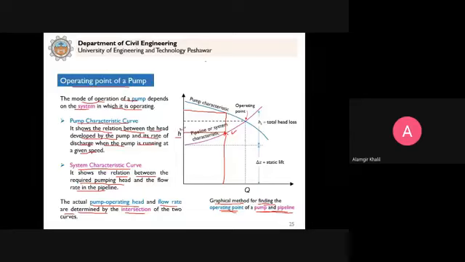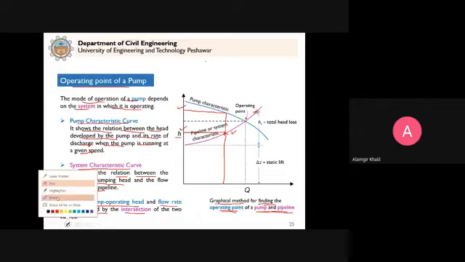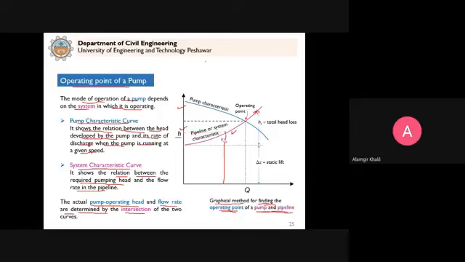So it means you require 10 feet of head, but the pump is providing 12 feet of head. So the additional head is useless. No need.